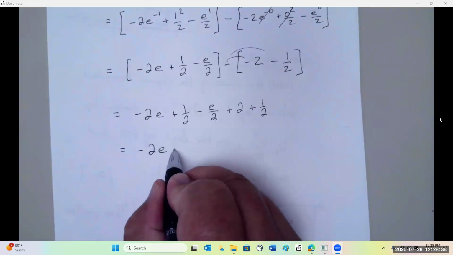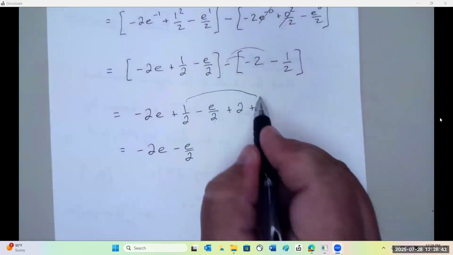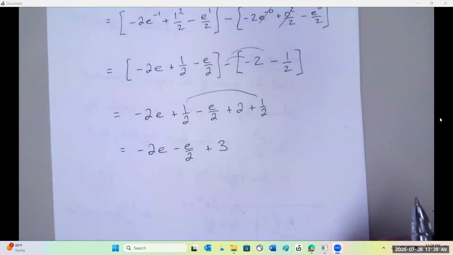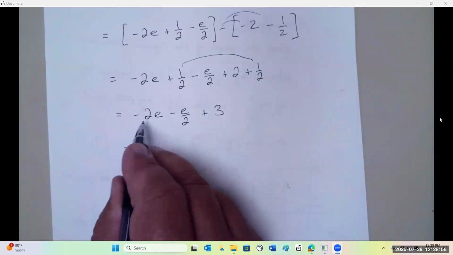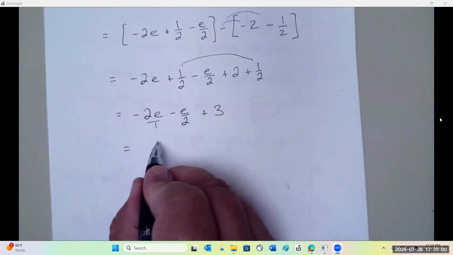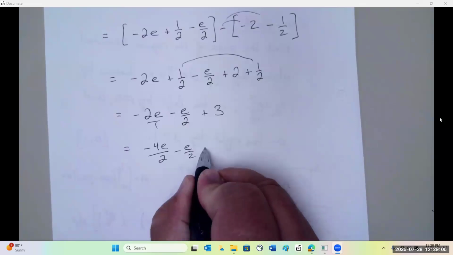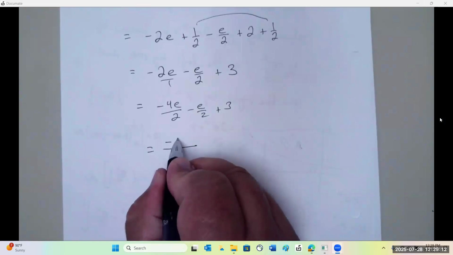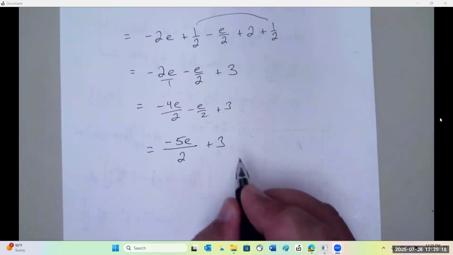Negative 2e minus e over 2. 1/2 plus 1/2 is a 1 plus 2 is 3. And then if we wanted to, we can combine these two. Give me LCD of 2, so it's negative 4e over 2. So it's negative 5e over 2 plus 3.